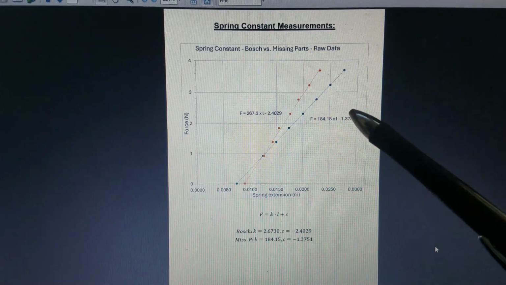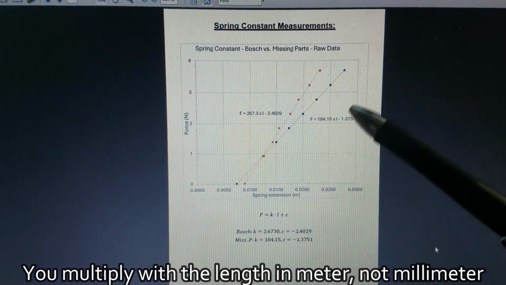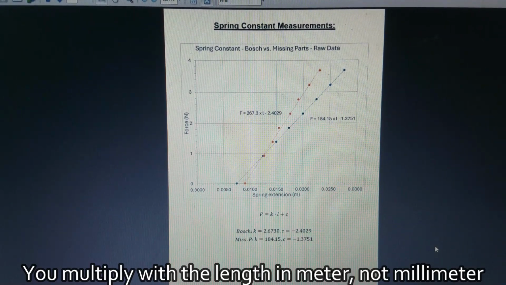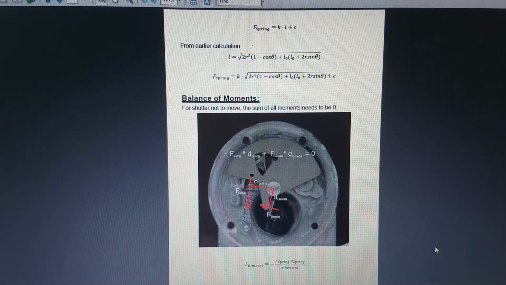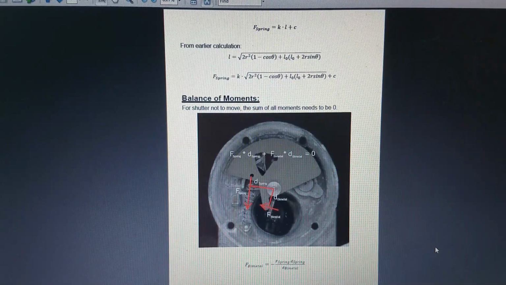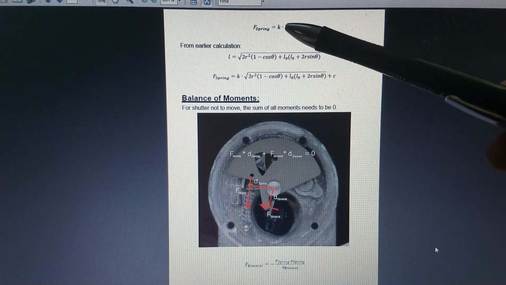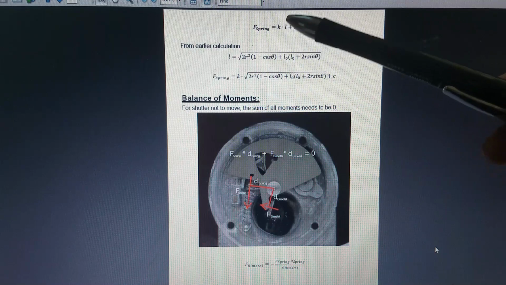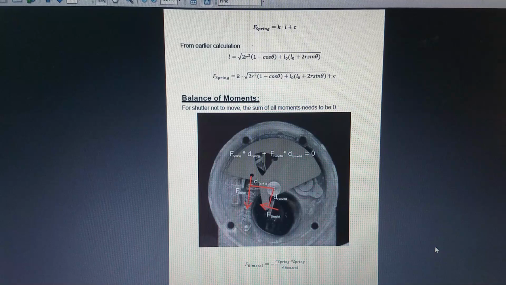So basically you multiply with your millimeter and the Newton stays and the millimeter gets cancelled out, and that's the force that's actually exerted by the spring on the shutter. So in the end, I have my force in the spring is spring constant times the length of the spring plus the constant from the plot.